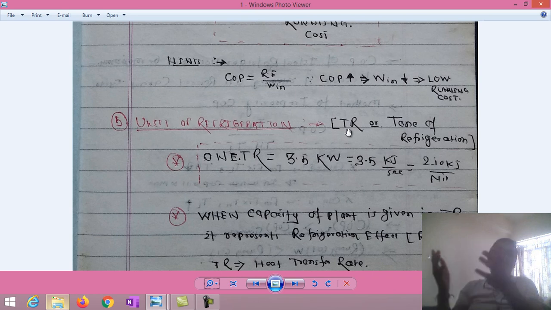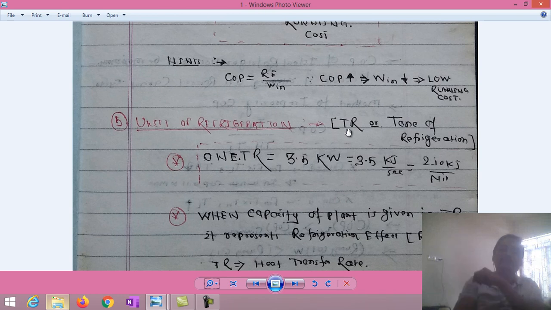Whenever you go to purchase any type of window AC or split AC, you will have many choices, either 1 TR, 2 TR, or 3 TR. Different tons of refrigeration of AC are available in the shop. So you have to decide how much TR of AC is required. So TR is the unit of refrigeration.